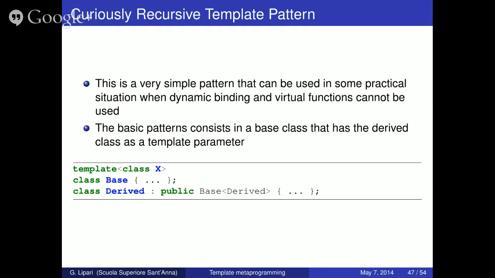So the basic pattern consists of a base class that has the derived class as template parameter. It's a very simple pattern. You have a base class, which is a template with a parameter X, and then you have a derived class which derives from Base<Derived>. So it's curious because Base uses as template parameter the class you are just defining. So, curiously recursive template pattern.